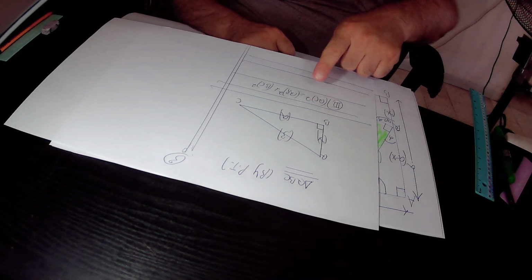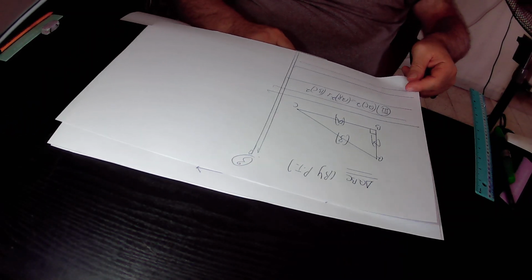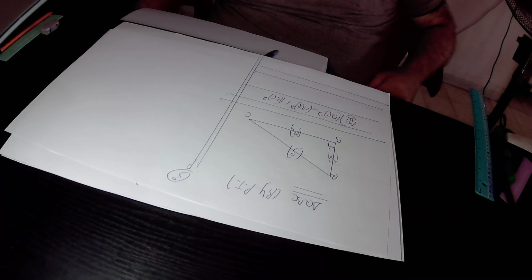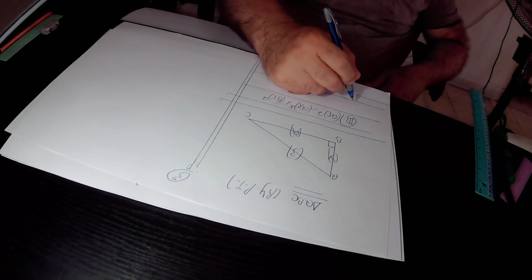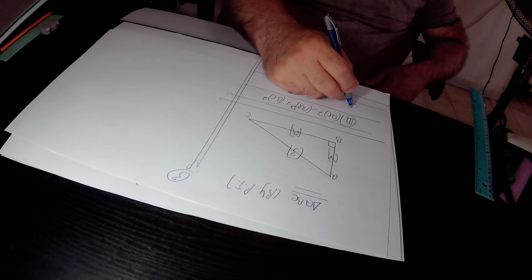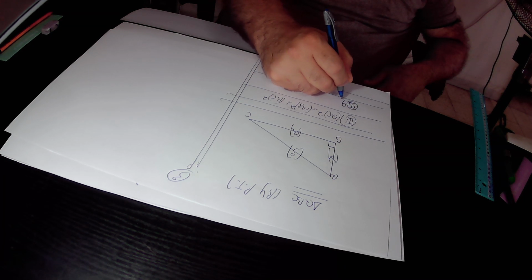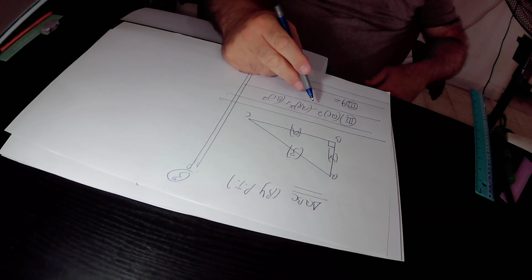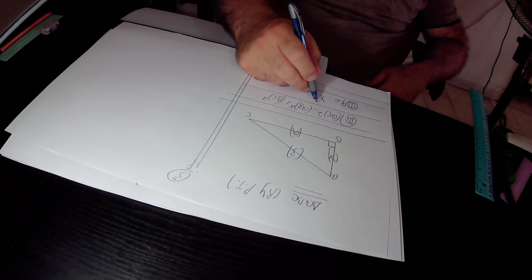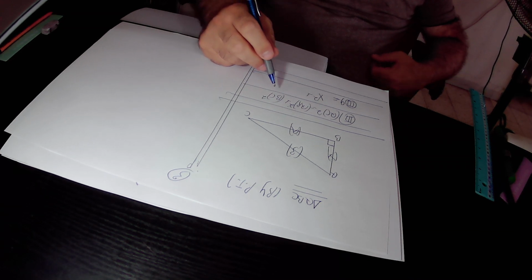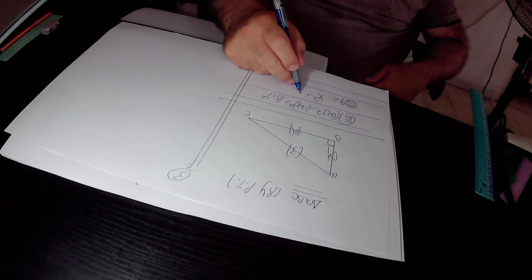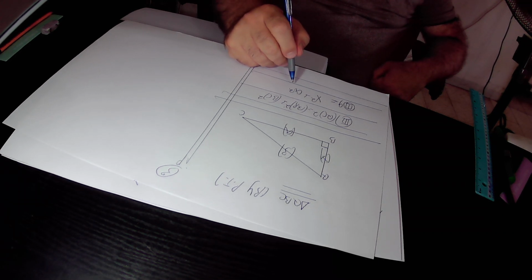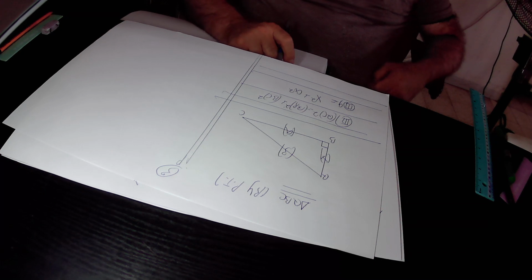QC is 3, therefore QC squared is 3 squared, that is 9. And it equals QB squared. QB is x, therefore QB squared is x squared, plus BC squared. BC is a, therefore BC squared is a squared. So in total, according to equation 3, x squared plus a squared equals 9.